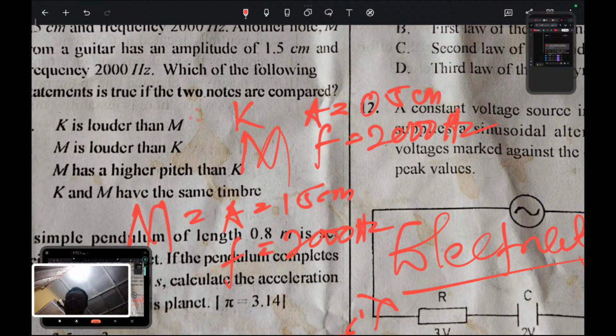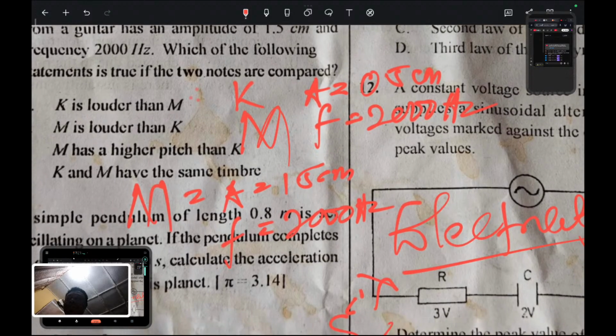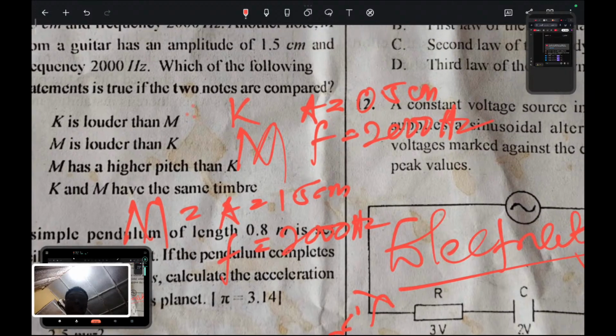So if you compare the two notes, note K and note M, you will see that in your SS2 you were taught that loudness depends on amplitude. Is it not true? Loudness depends on amplitude, not frequency. So if frequency is constant, it means that the amplitude shows loudness.